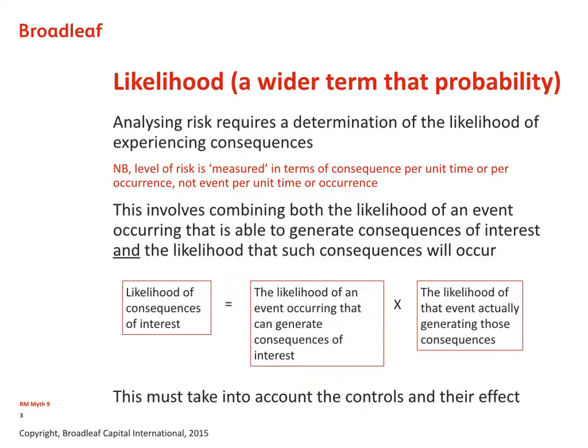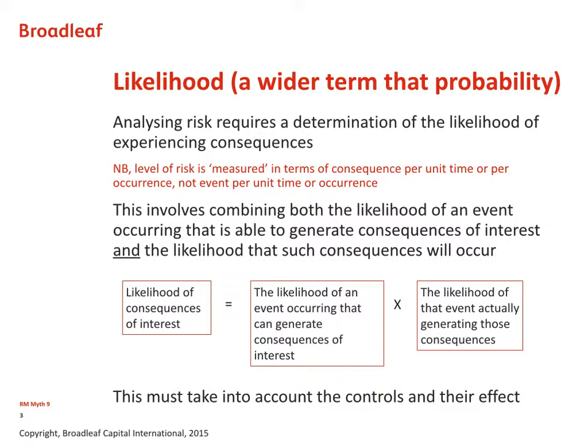So to normally estimate a level of risk, we need to take into account not only the likelihood of the event occurring that will lead to the consequences we're interested in, but also the likelihood that such consequences will then occur once the event has occurred, and normally express that as some sort of conditional probability. The simple equation on this slide demonstrates that.